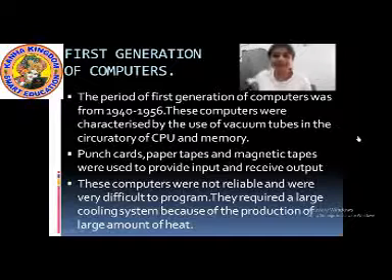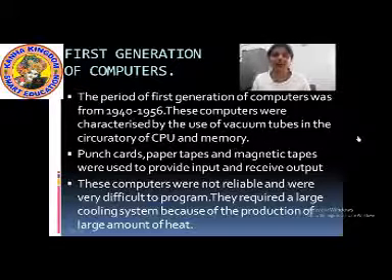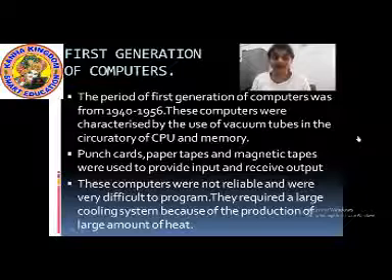Reliable means these computers were not so dependable for people to work with. Why? Because these computers were very expensive and very huge in size. The computers that we have today are very small, but these computers were very large.